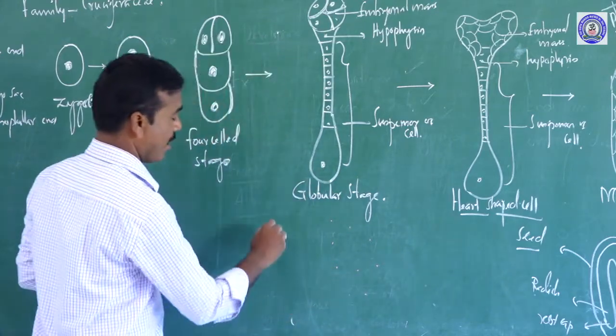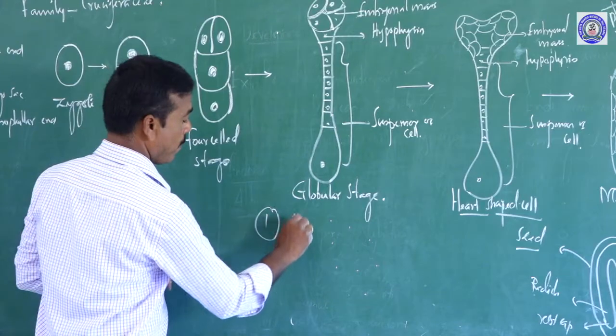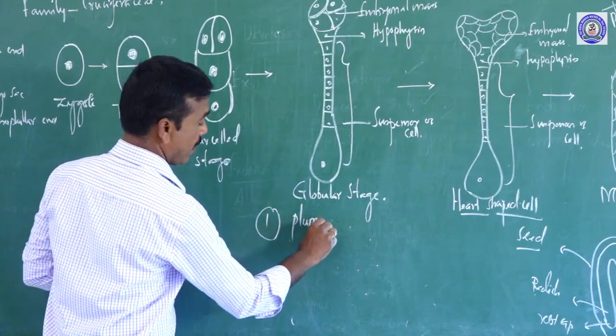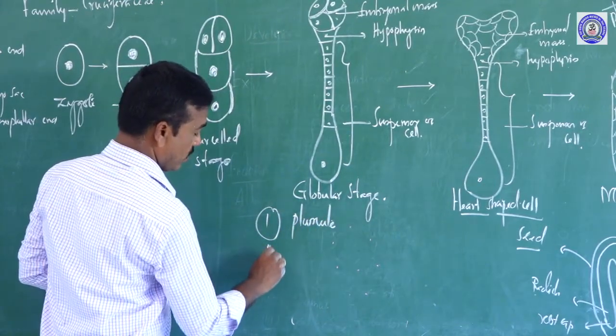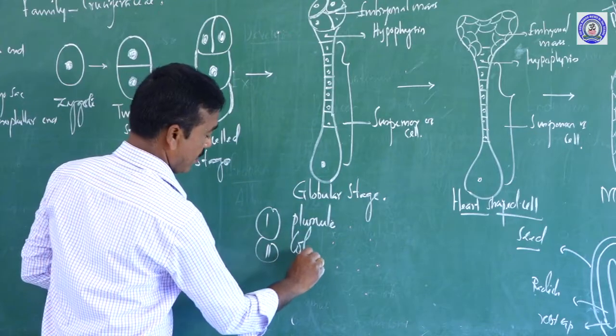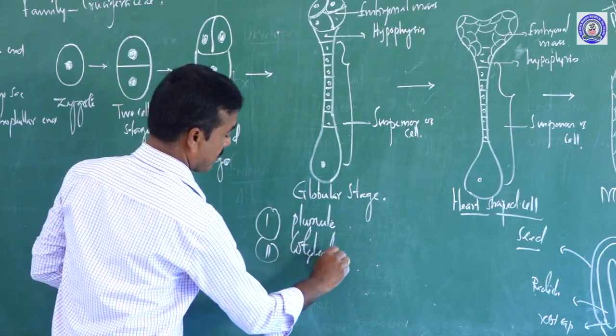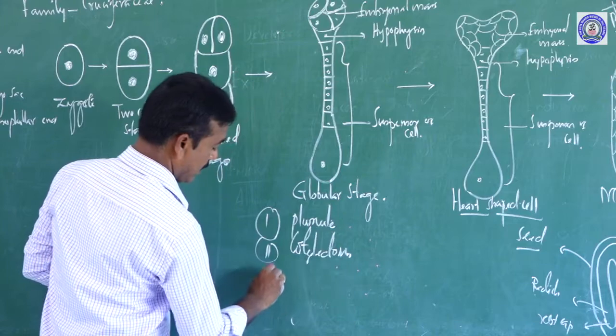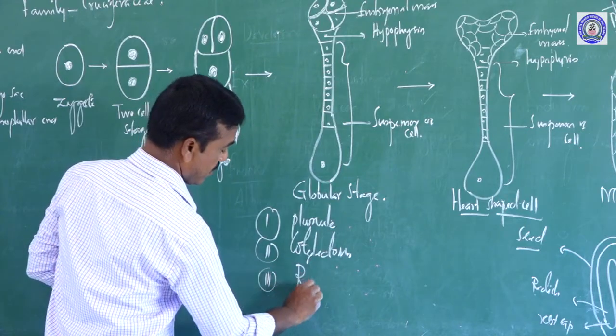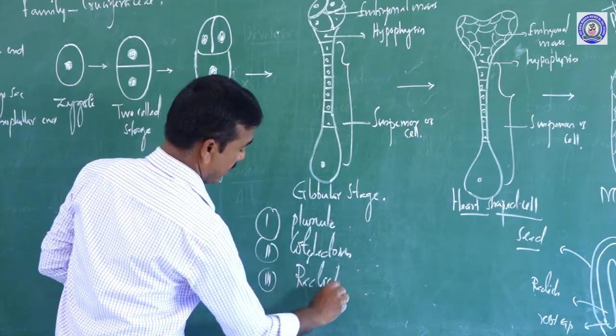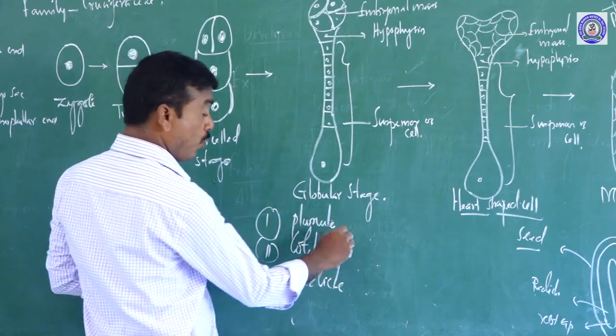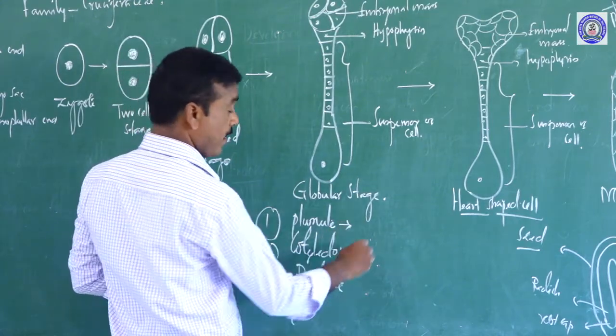One is called the plumule. Second is called the cotyledons. Third is called the radicle. The plumule is responsible for the aerial part.